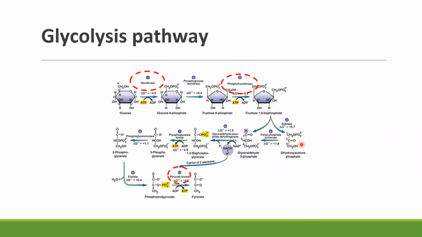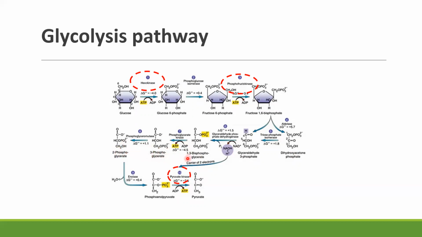The dihydroxyacetone phosphate will be converted to glyceraldehyde 3 phosphate. So now I have two, not one. After that, any step happening here will be doubled. Then I will have 1,3 bisphosphoglycerate, two molecules of it, and two molecules of each of the following.